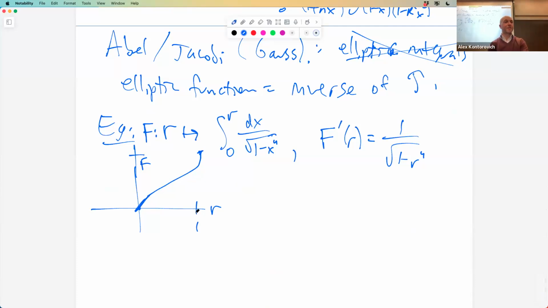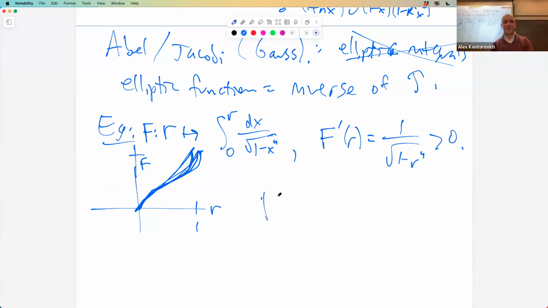Okay, so this is the function F. Now I haven't drawn it very well. Well, it's not so bad. Or maybe it just goes more straight than when I've drawn it. Anyway, whatever it's doing, this is probably not a great picture of what it's doing. Whatever it's doing, this derivative is positive. So it's strictly increasing, which means it's 1 to 1, which means it has an inverse.